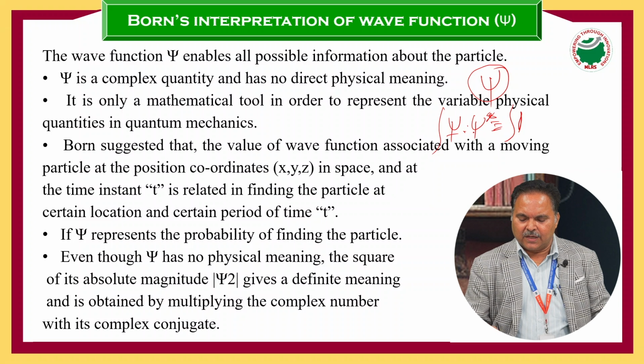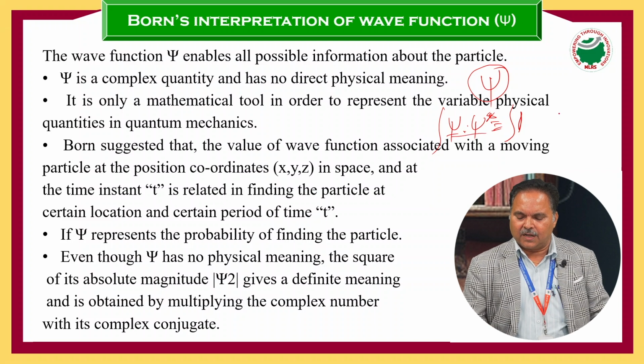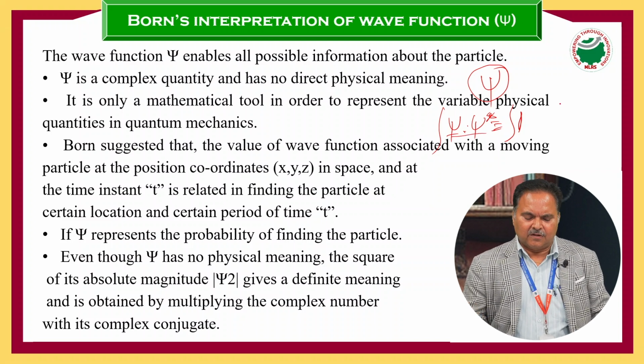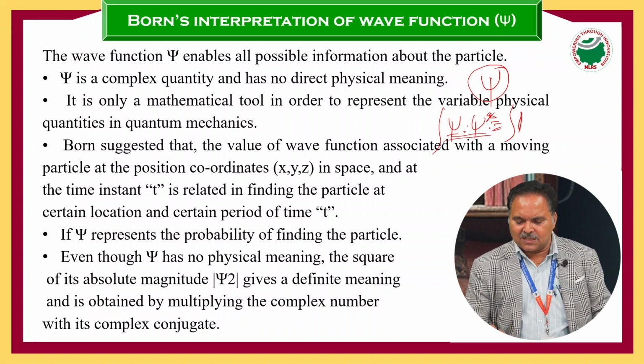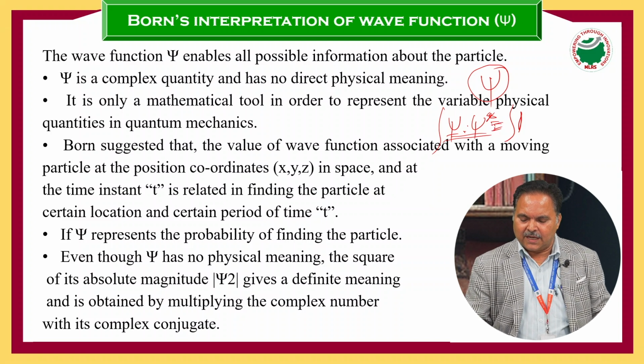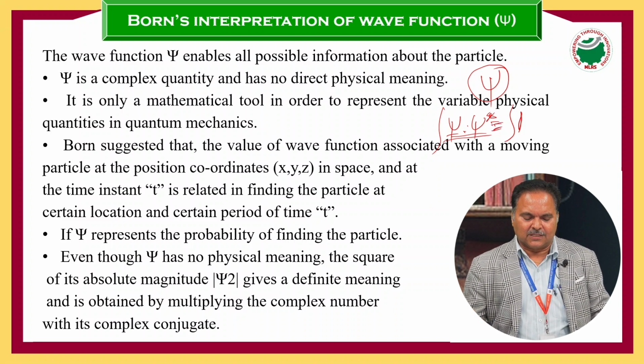We can only get the probability of finding the particle, so where it will be maximum and where it will be minimum depends on this. Then psi star gives a definite meaning. What I mean is we can say that at that point it will be maximum. So according to the Born interpretation, the wave function is represented like this.